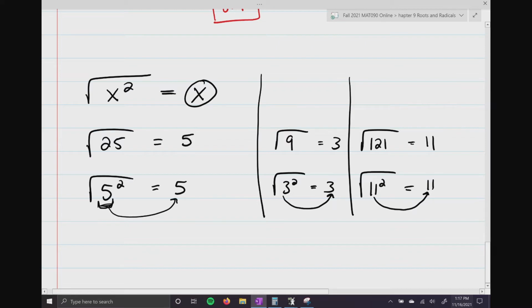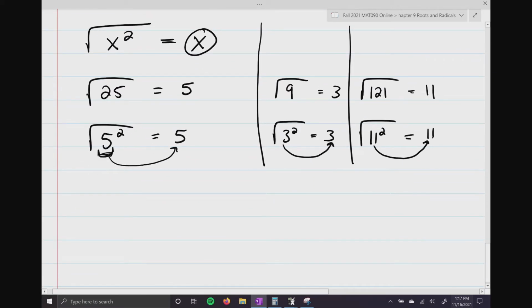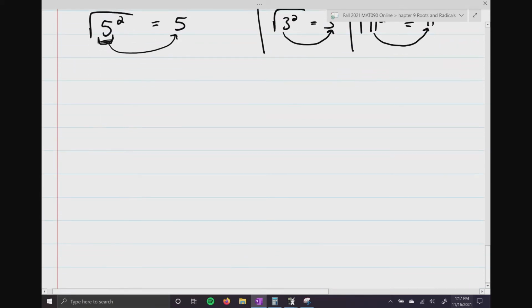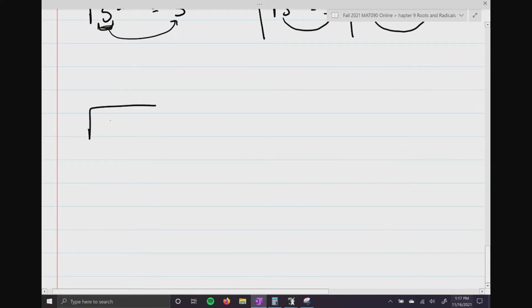Now, there's a reason for this, and there's a really easy way to think about this. The way that I like to approach these problems, like let's say the square root of x to the 8th, is I'm going to group them into things that I know.